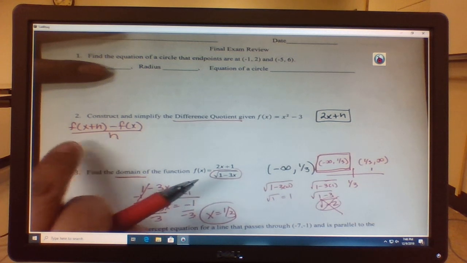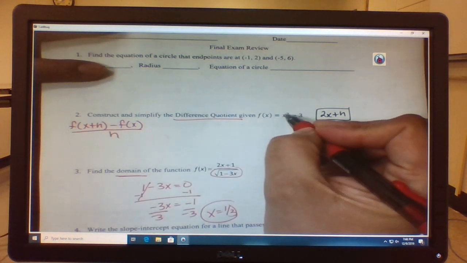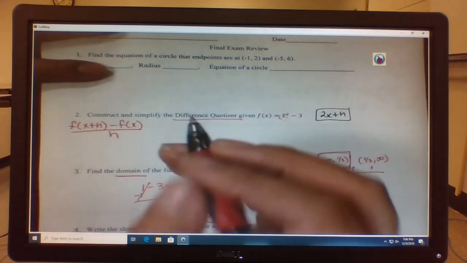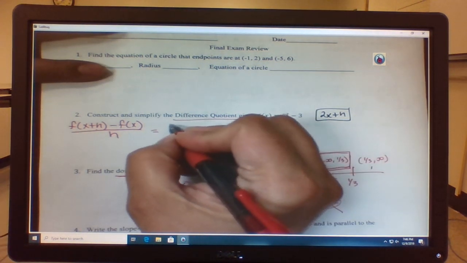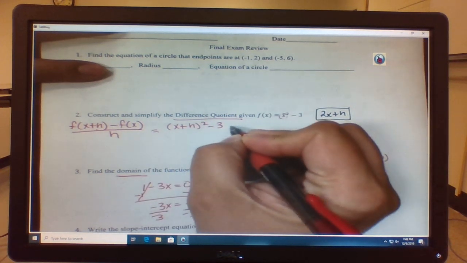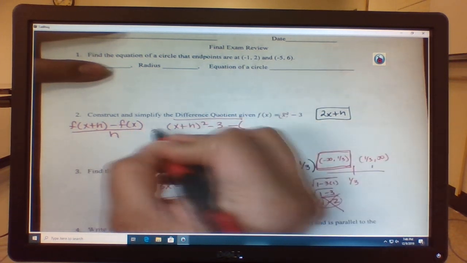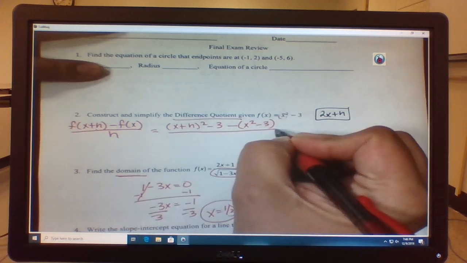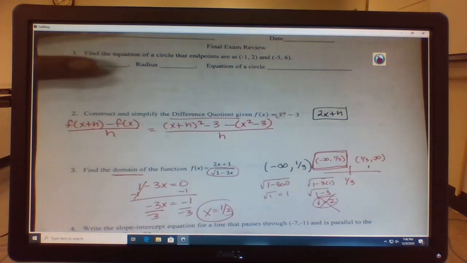Now, this means that for every x in here, I have to replace it with x plus h, right? So this is going to become x plus h squared minus 3 minus your f of x, which is x squared minus 3. All of this over h.